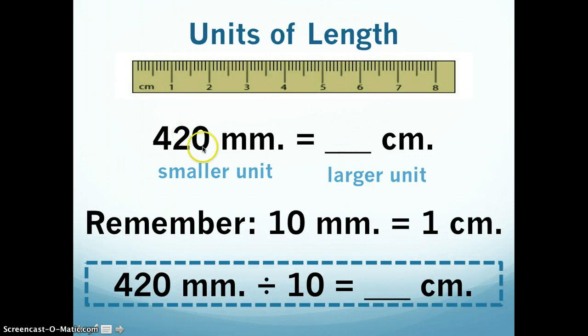We take the 420, we divide it by 10 because we know that 10 millimeters equals 1 centimeter. So 20 millimeters would equal 2, 30 millimeters would equal 3, so on and so forth. So if we divide this big number here by 10, we end up with 42 centimeters.